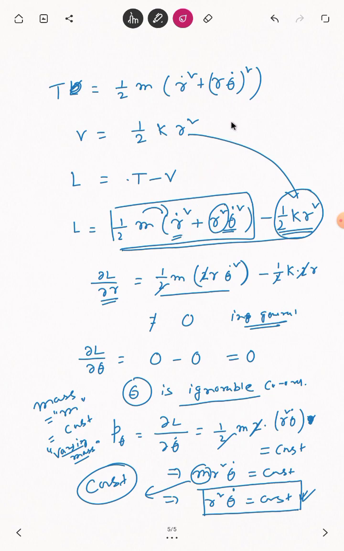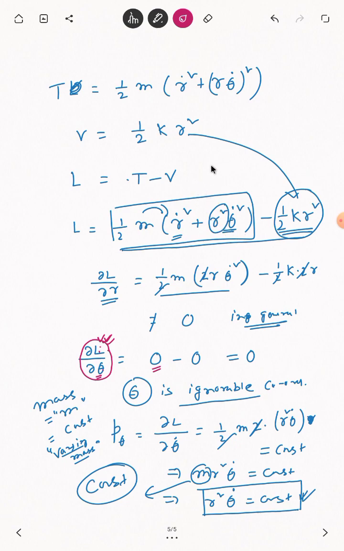If some coordinate, say theta here, is ignorable, to know that we have to just differentiate L with respect to that coordinate and see whether it is 0 or not. But without differentiating, we can easily say whether a coordinate is ignorable or not. How can we say that easily?